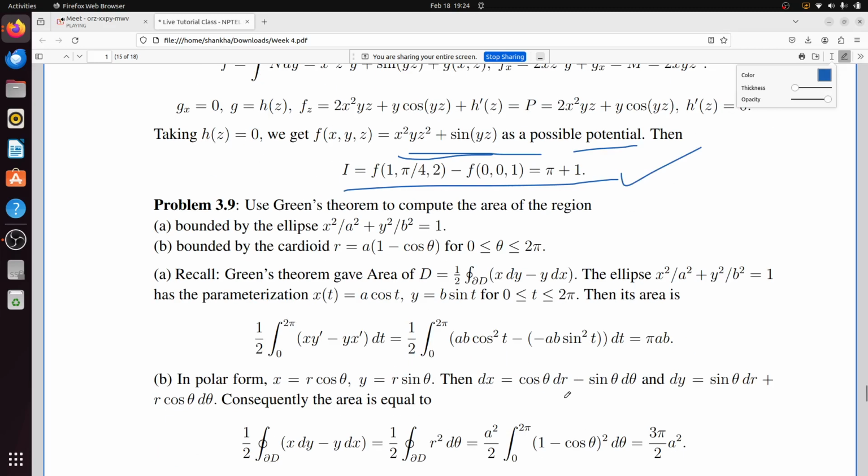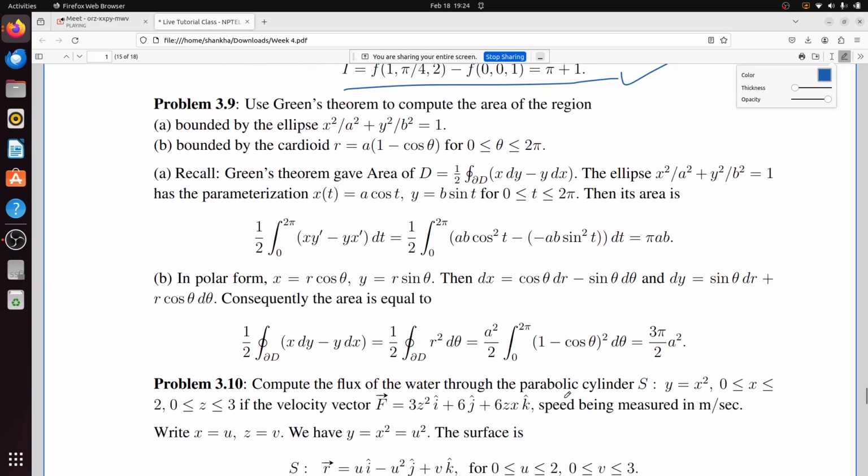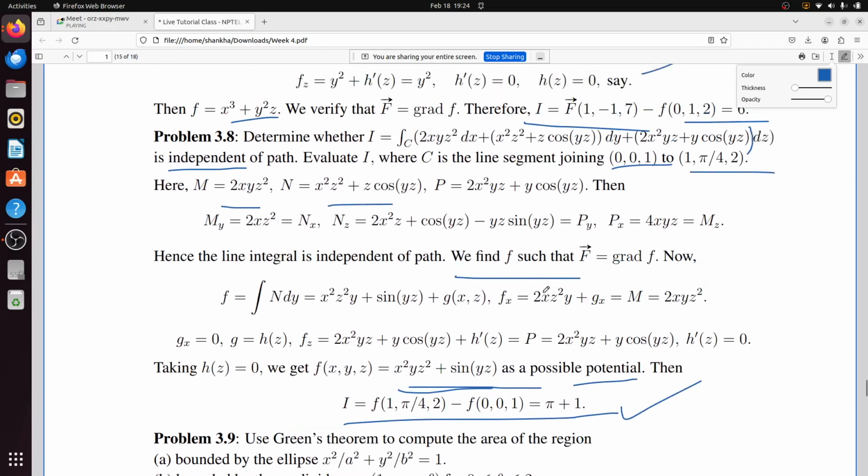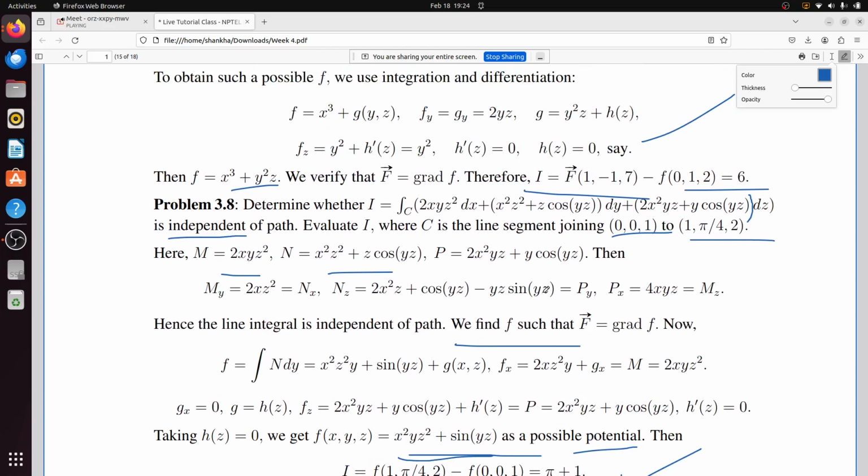Yes, sir. So also, we no need to check curl of f vector every time, no? So we can directly check for gradient. Yes, but see, in the path independent case, if you get curl of 0, then you should be sure that you will get a potential. Got my point?